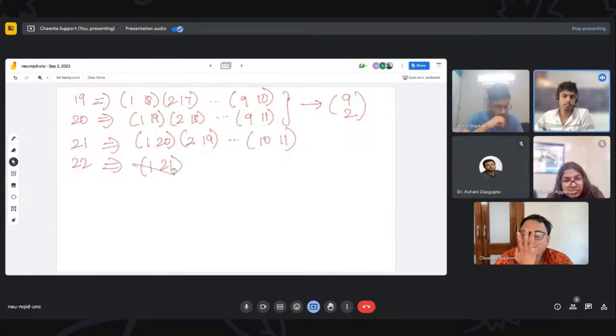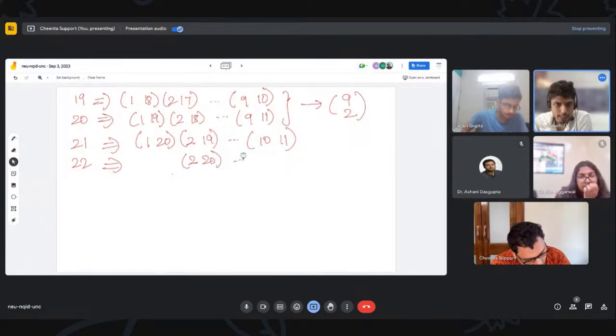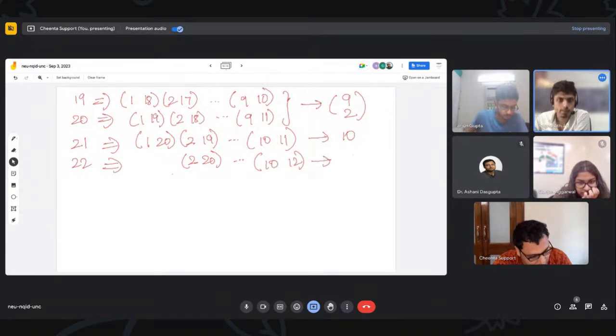So for 22, 1 21 is not allowed, right? So we have to be careful here. Now we have 2 20 till 10 12. So here this counts to 10 pairs, whereas the earlier case counts to 9 only.